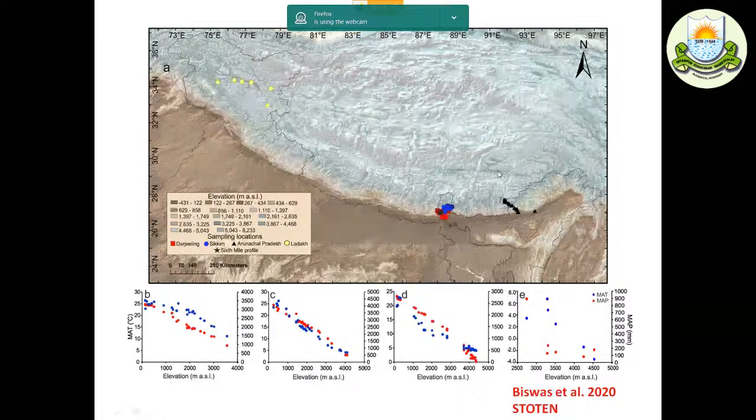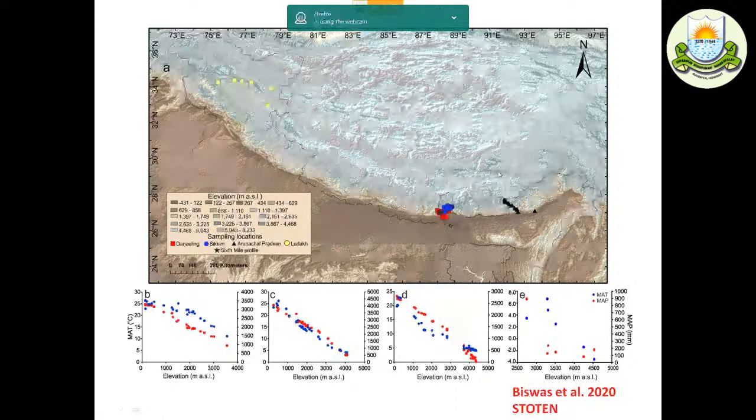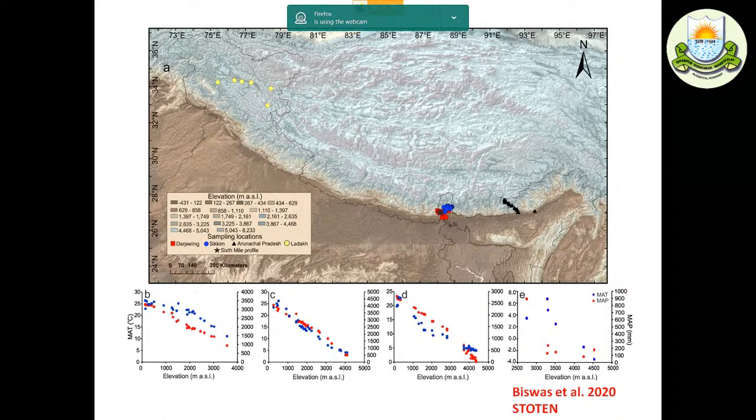Next, in the last 2 years, we have worked on a large number of samples, and we have also included samples from another Eastern Himalayan sector, that is Sikkim, and from the Ladakh Himalaya, the most rainfall-deficient region of the Himalaya.